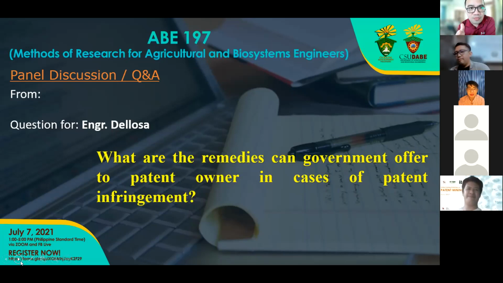It was really evident in the case of Kenneth Cobonpue that the government, like the NBI, the DTI, and the IPOPHL, went after those infringers.